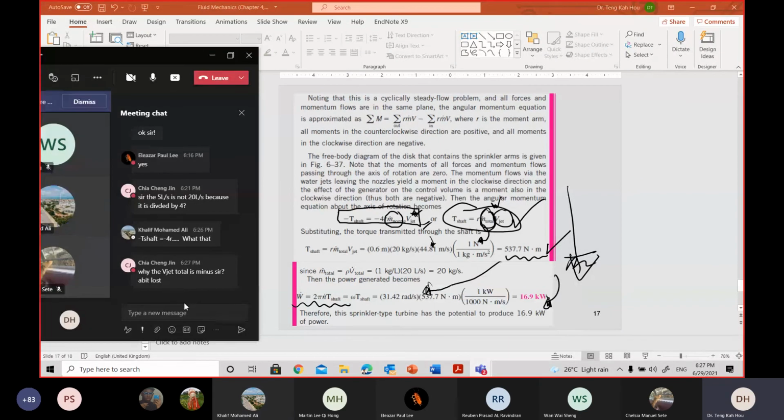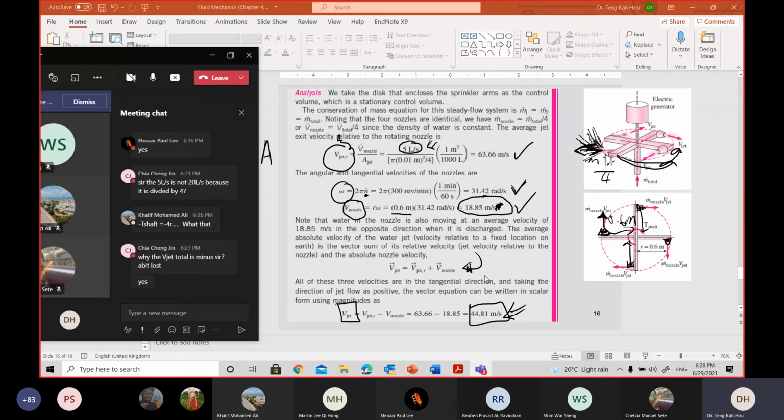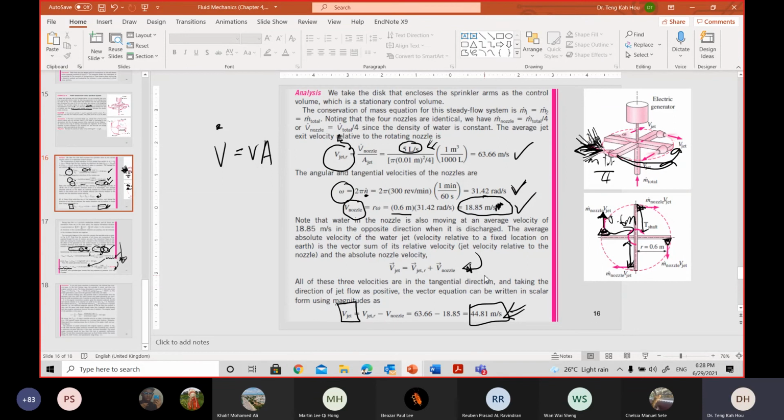Yeah. Yep. Why is the V jet total minus a bit lost? You mean for here? Because as I said, in order to get the resultant or the net velocity, whatever you push in front will be generated backwards. So you need to know what the net velocity is for these conditions.